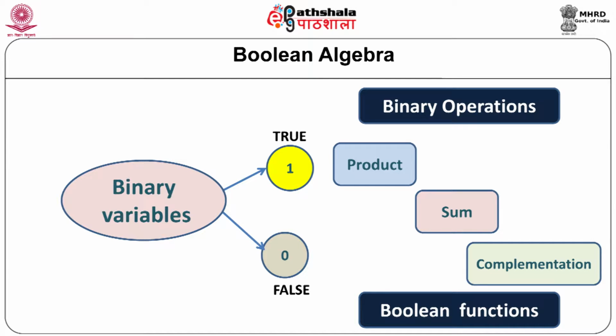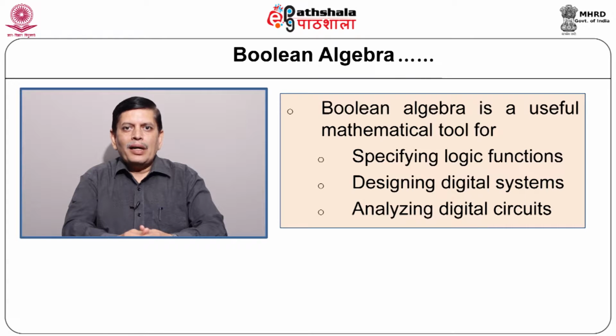Boolean functions are implemented using a combination of these operations. Addition and multiplication are two basic operations performed on binary variables. Boolean algebra basically operates on the binary variables as well as on the two values 0 and 1.